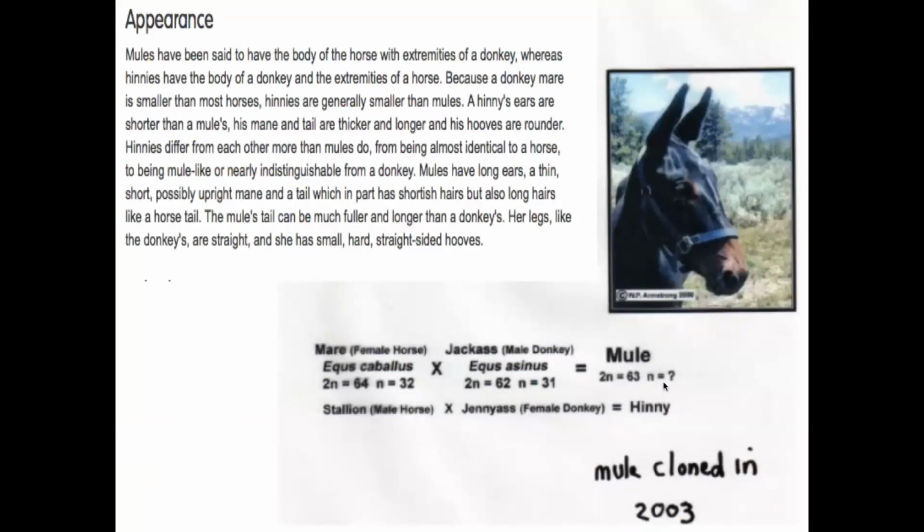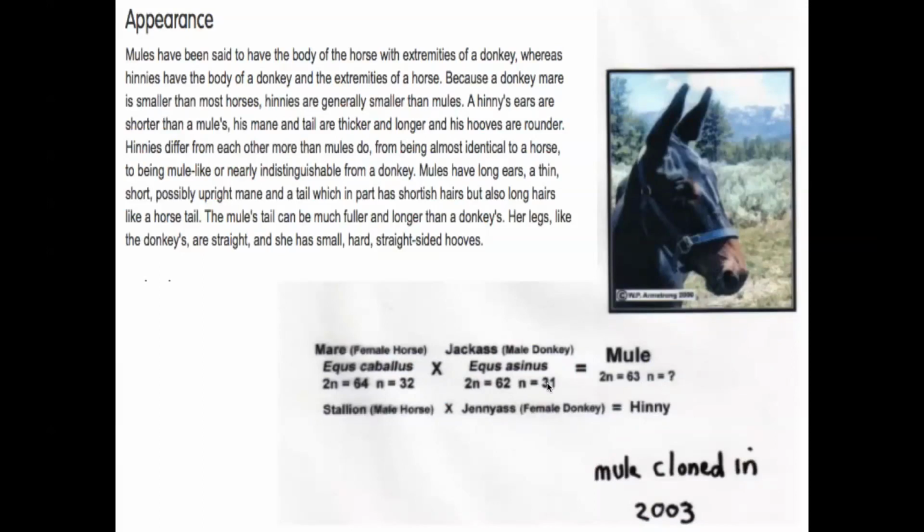Again, the horse has a 2N of 64, a haploid number of 32, and the donkey, 62 is the diploid number, 31 is the haploid number. So through an interspecific hybridization event, specifically a female horse and a male donkey, you can combine those 32 chromosomes of the horse with the 31 of the donkey to create a mule.